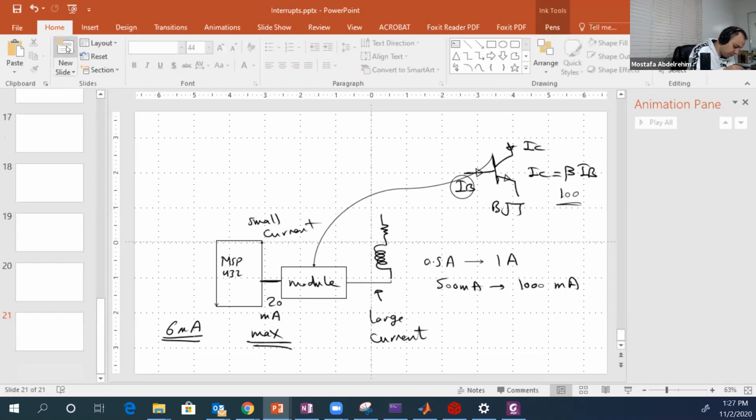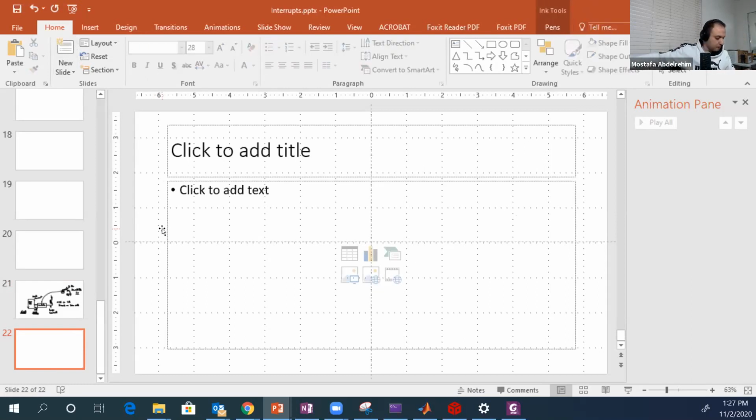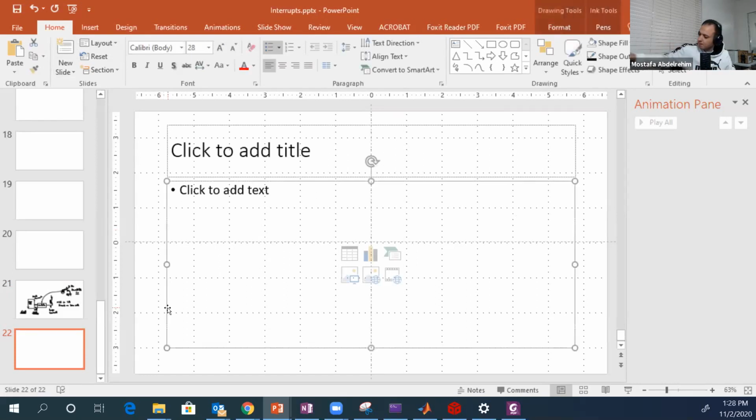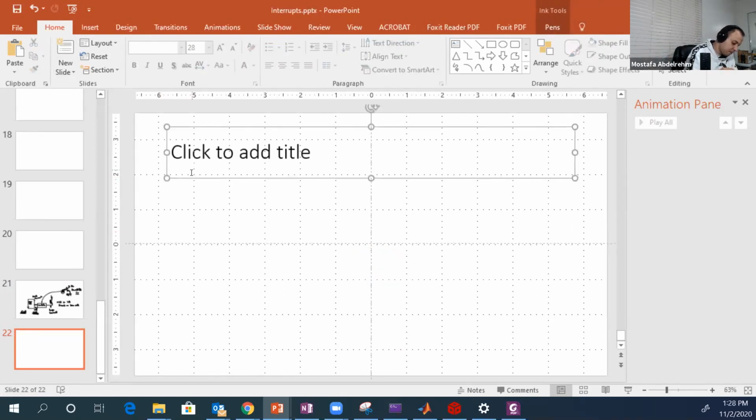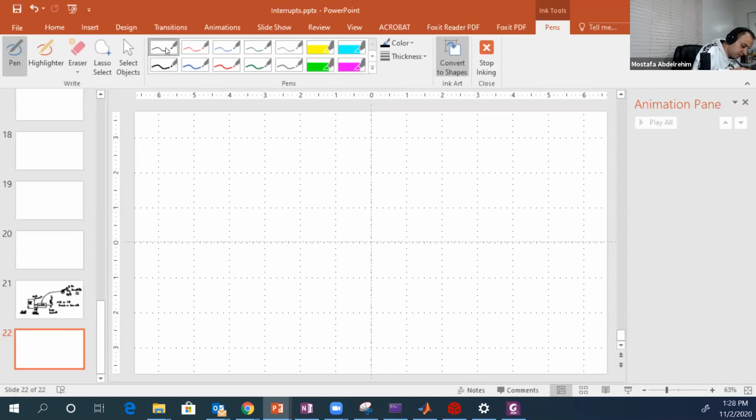So that's what we're going to do. We have our microcontroller, MSP432, and we're going to connect its output to a transistor and connect the motor to the collector of this transistor.